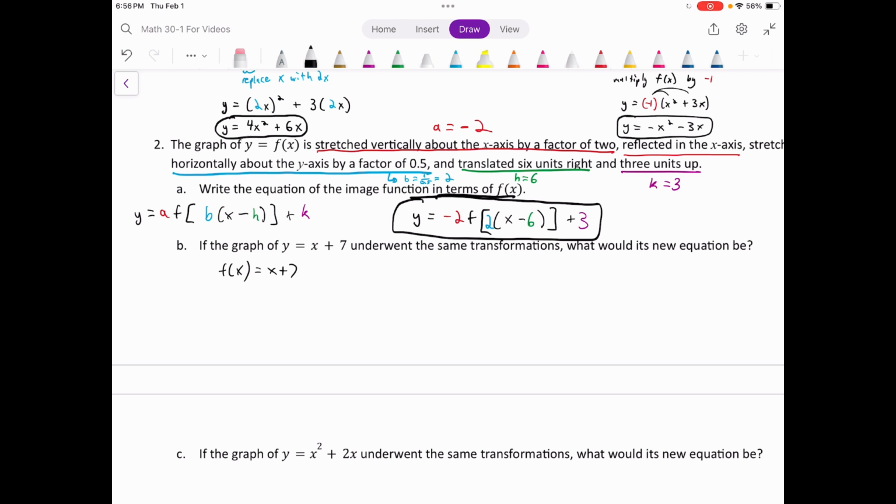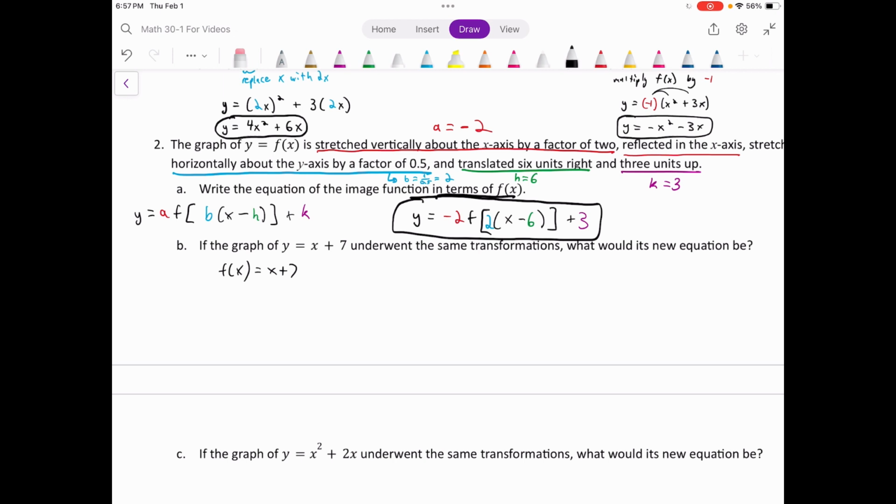Okay, so let's see. We have that originally f of x is x plus 7. Now, again, I like to break that up into two parts, not mandatory by any stretch, especially for simpler ones, but when things get more complicated, there are two things we have to do. We have to replace x with this stuff. Then, part 2, we multiply whatever that is by -2 and add 3.